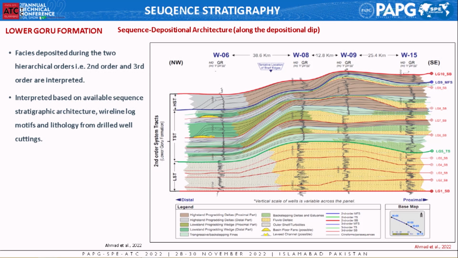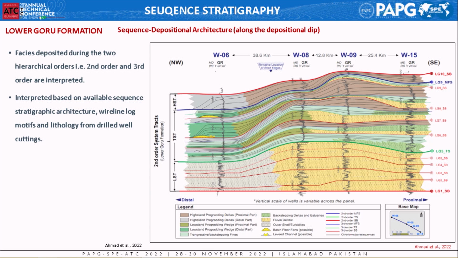Here you can see the eastern side of the wells have fluvial deltaic sediments with very nice thick beds of sands, whereas in the western side, which is about 38 kilometers away from well 8, there are coarser sands in the bottom, and then above these coarser sands there is no thick sands. So it means this is a basinal side, and these coarser sands are related to outer shelf turbidites, you can say.